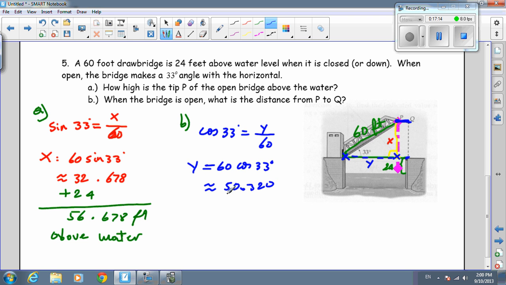Double check this calculation. Now I will take this away from 60, so I will do 60 minus this distance, and the value that I should get is the distance between P and Q, and it will be approximately 9.650. Of course, that's in feet, and that's the distance from P to Q.